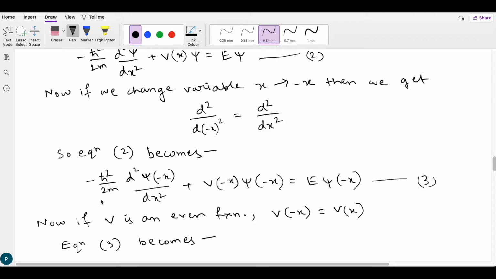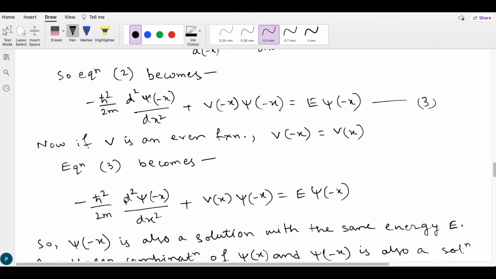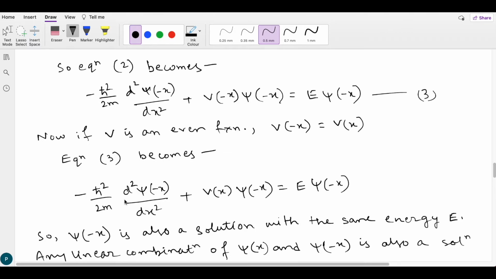Now if we change variable from x to minus x, and we know that d2 by d(minus x) square is d2 by dx square, so equation 2 becomes minus h cut square by 2m d2 psi of minus x by dx square plus V(minus x) psi(minus x) equals E psi(minus x).